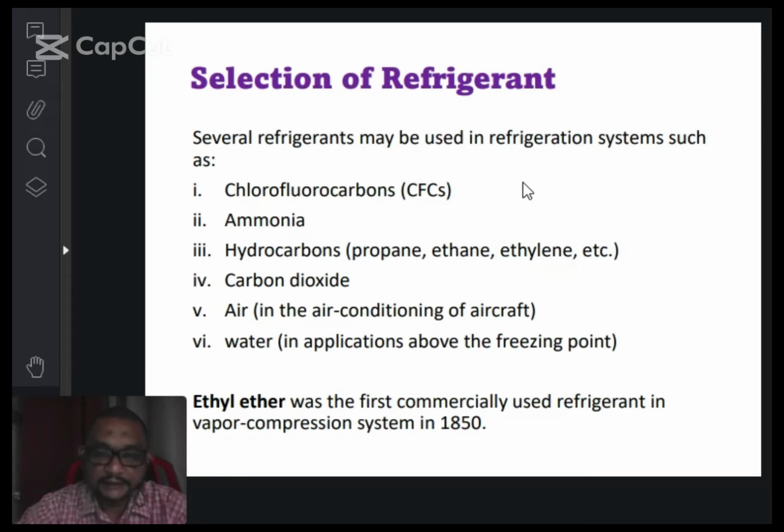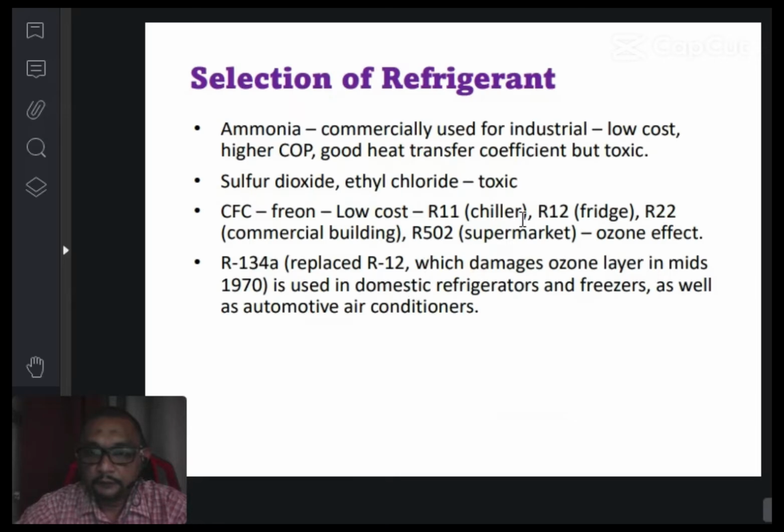Okay, all of these refrigerants that I mentioned actually have pros and cons. Example, ammonia. Ammonia is actually commercially used for industrial applications because of its low cost.